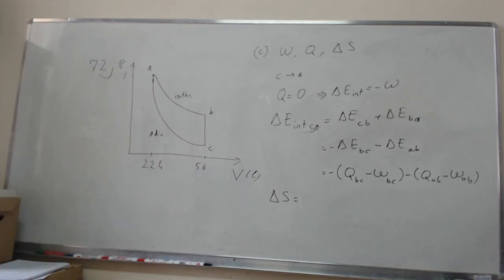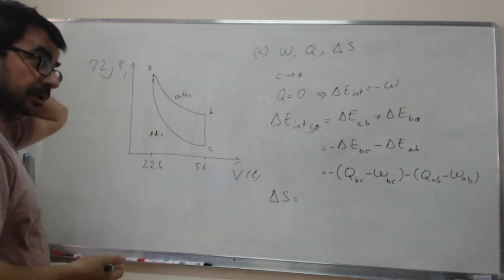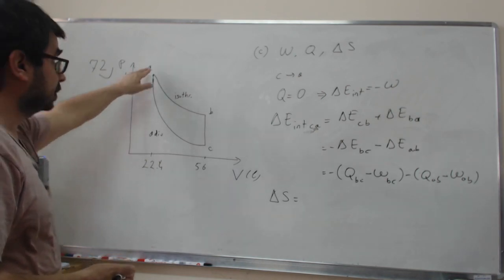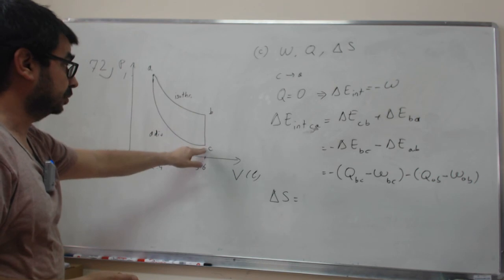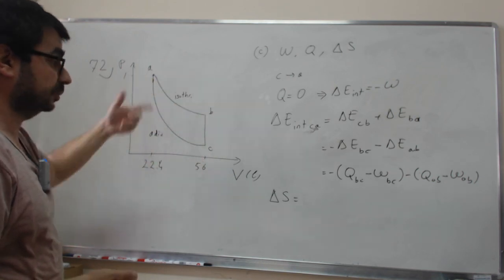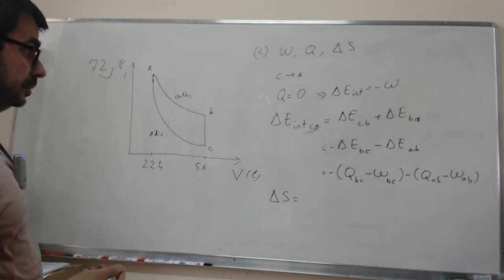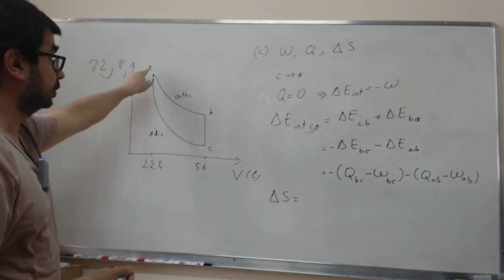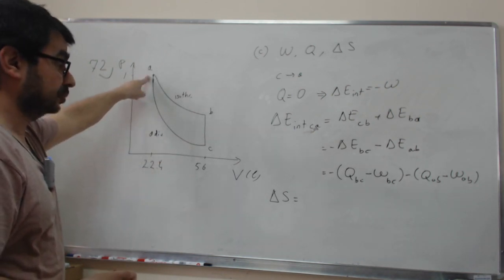And what about delta S? Well, you're coming back. Entropy is a state function, so the total change in entropy overall is going to be 0. By the same token, since you calculated the change in entropy from here to here to here, the negative sum of those is going to give the total entropy change from going from here to here, because the sum of all of these three has to be 0.